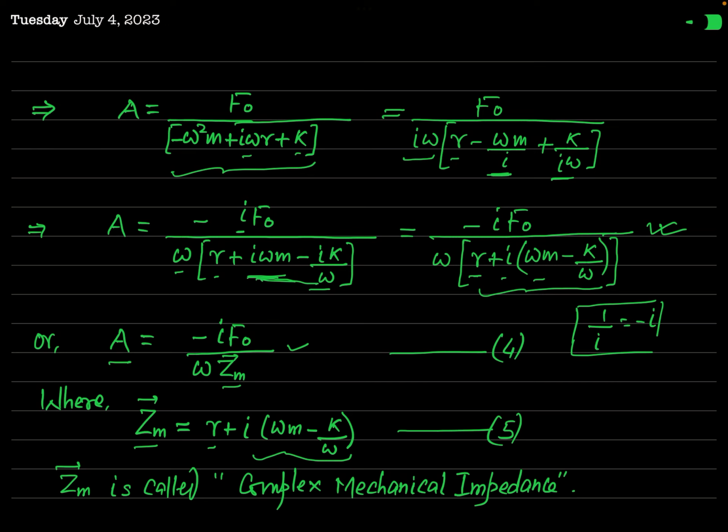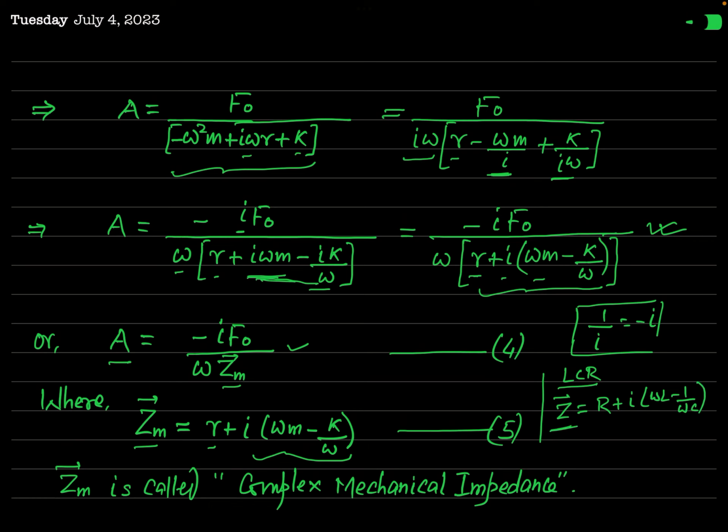In fact, if you have studied the LCR circuit in your course on electricity, particularly in the chapter on alternating current, then you have seen that in case of an LCR circuit, the complex impedance Z is given by R plus i(omega L minus 1 over omega C).